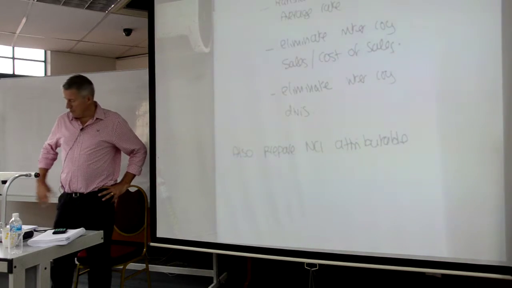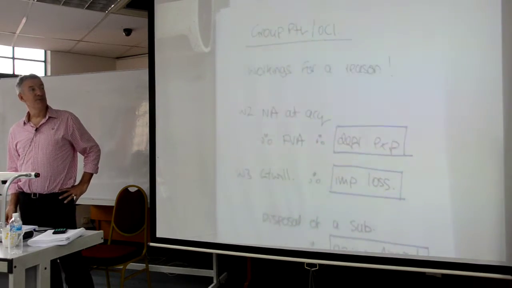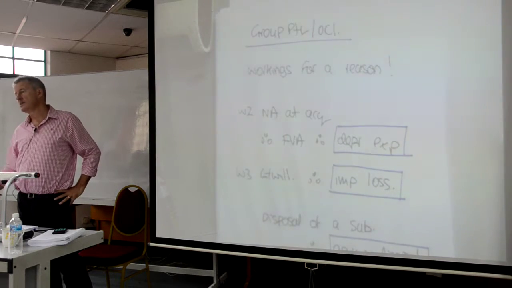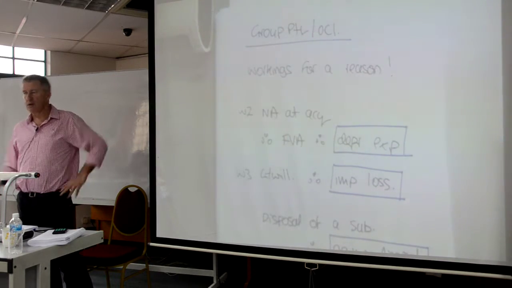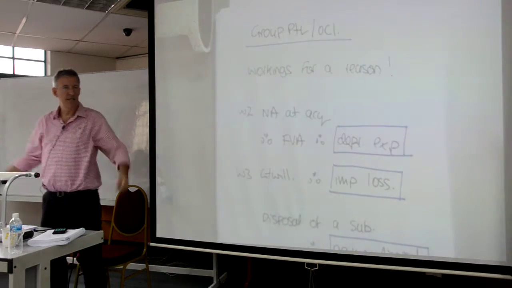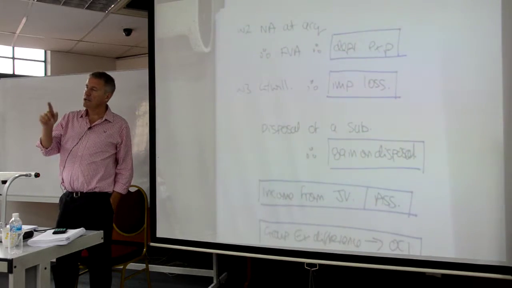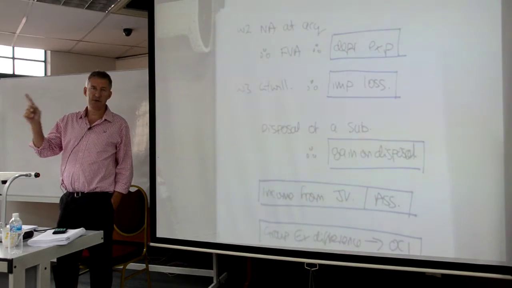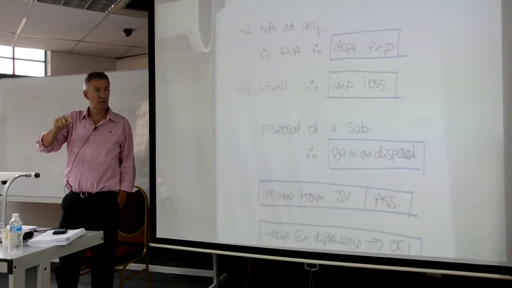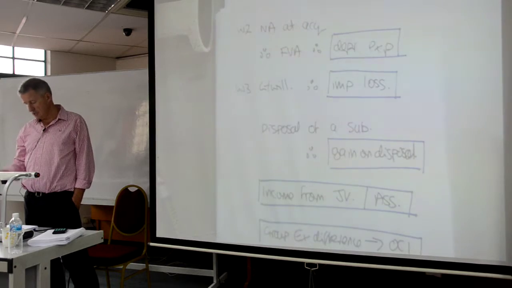Now, when you're doing a group profit and loss account, group OCI question, I've already recapped with you yesterday what goes in the OCI, so that cuts out that little story here. So you'll do your workings for a reason. Net assets to find the fair value adjustment, to find depreciation. Goodwill to find out the impairment loss. There could be a disposal, there could be an associate, there could be a group exchange difference.